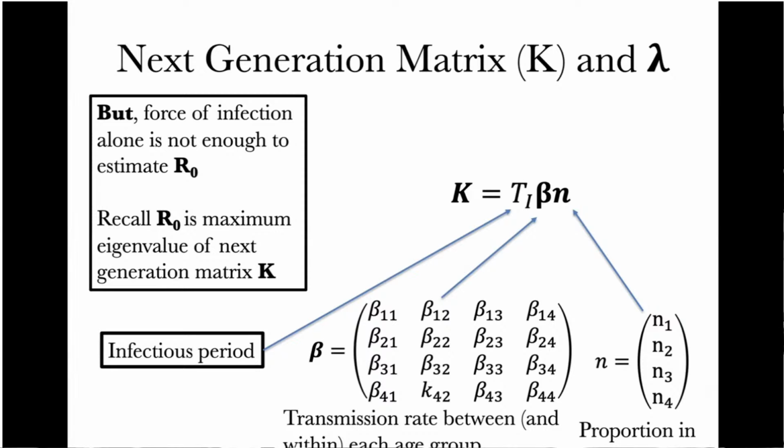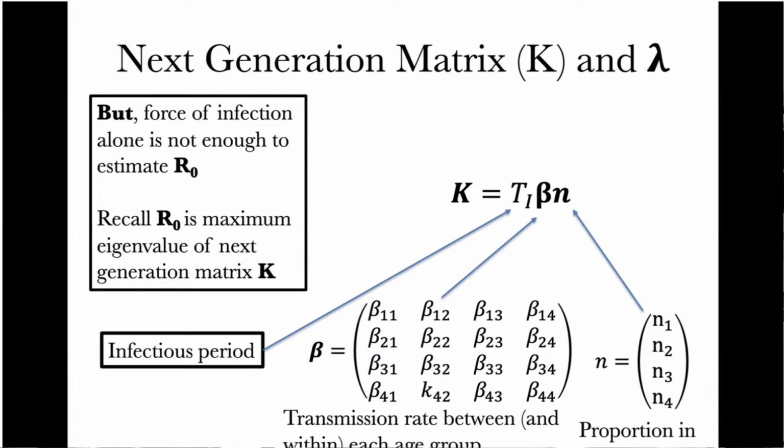So it's basically the total number of infections, transmission in that particular age, and then you just multiply that by duration. So it's basically K, the next generation matrix.